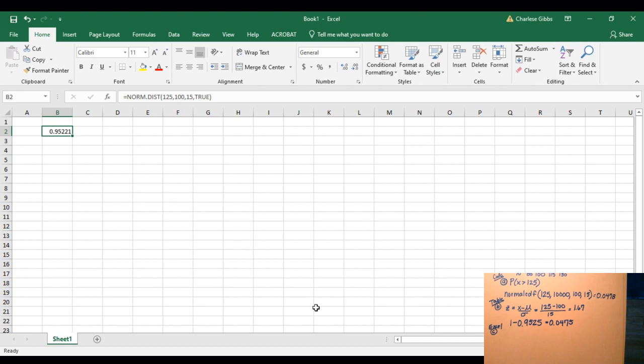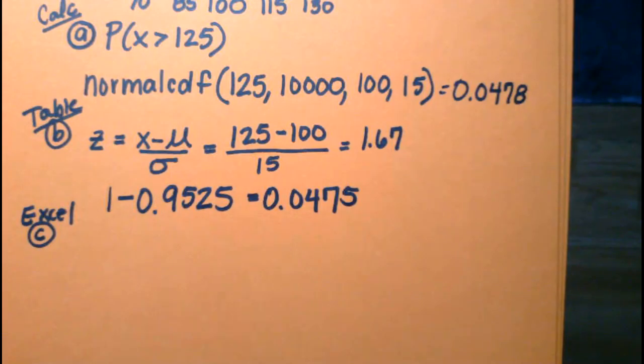You have to decide if it's going to be on the right side, and it is on the right side. So you could have either put in 1 minus right before that, or I normally do equal sign, 1 minus, and then I just hit that cell. 1 minus whatever I just came up with. So that gives us 0.0478 as well.